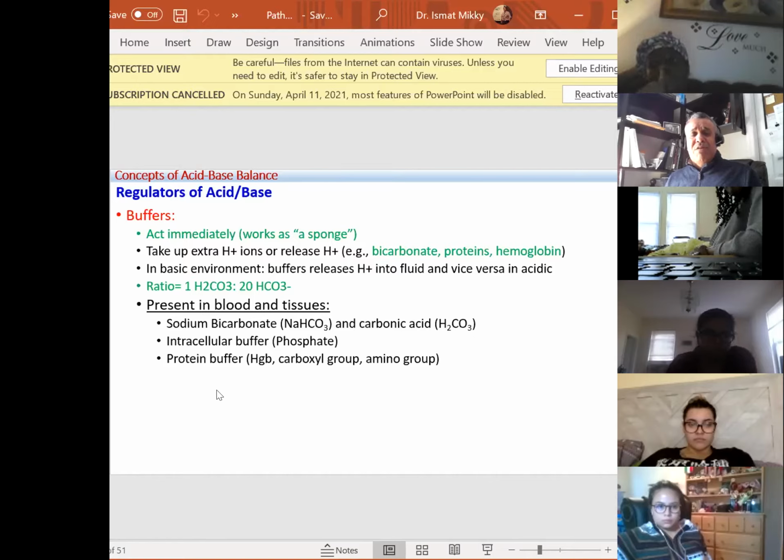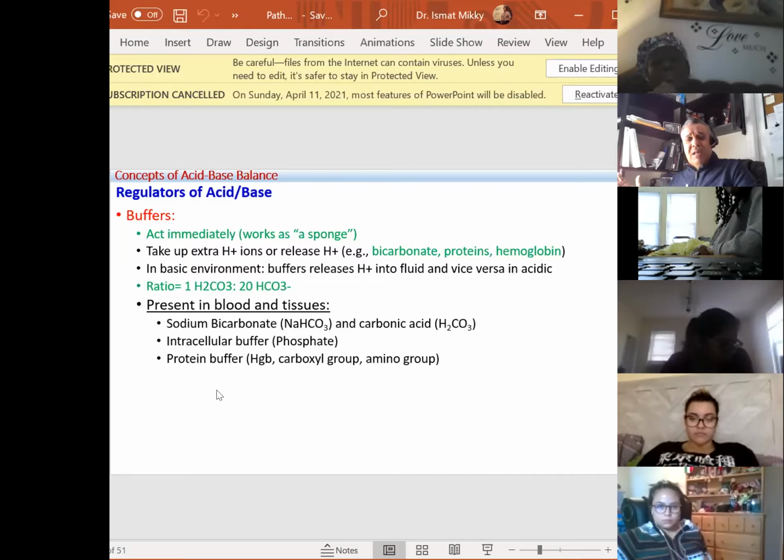Less than 7.35, the pH drops, means acidic. The lower the pH, the more acidic; the higher the pH, the more alkaline. So the presence of hydrogen ion makes it more acidic, and the lower the number of the pH, the more acidic.